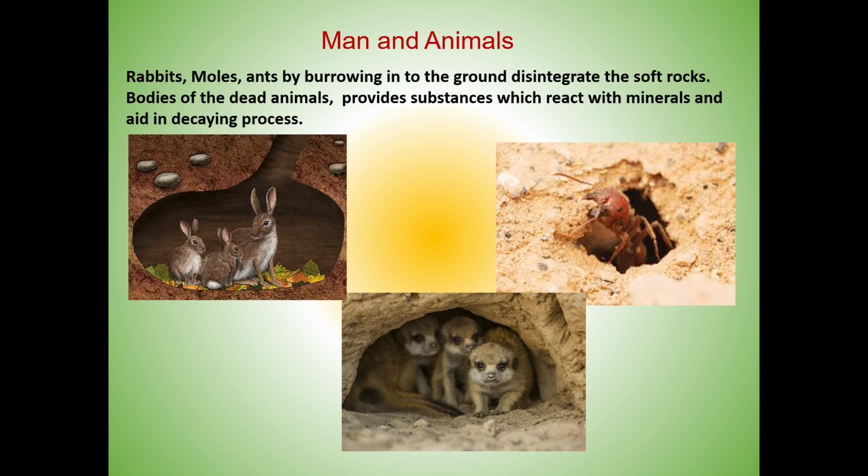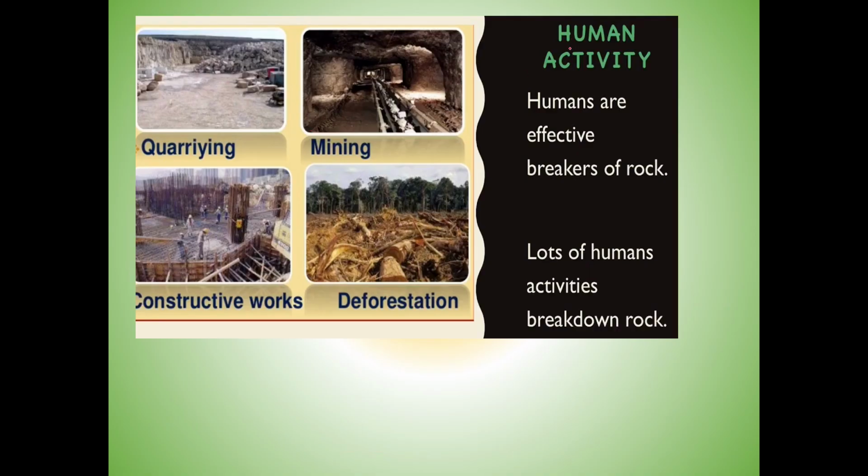Man and animals. Rabbits, ants, or other burrowing animals disintegrate the soft rocks. And bodies of dead animals provide substances which react with minerals and aid in the decaying process. Human beings.